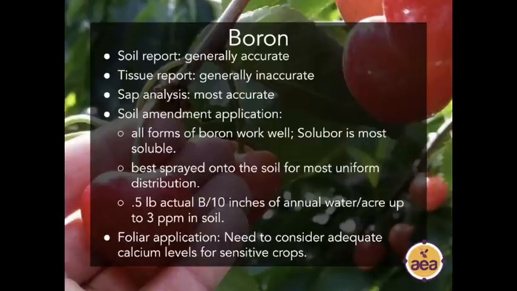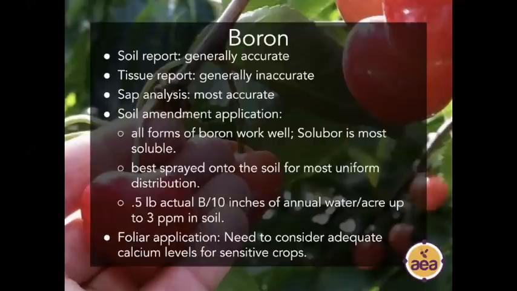And then we continue those applications until our soil report shows us that our boron levels are being maintained stably at 3 parts per million in the soil profile. At that point, we back off applications and don't continue any further applications into the future unless either sap analysis or soil analysis shows that they're dropping off again for some reason. In a truly regenerative system, they should remain fairly stable, and we shouldn't see that drop off into the future.